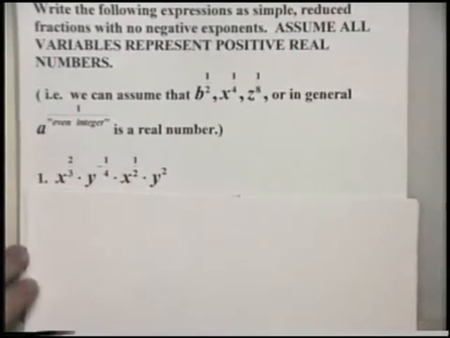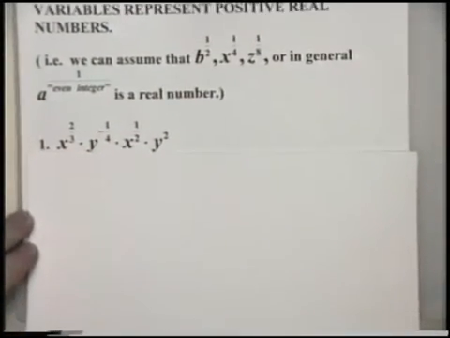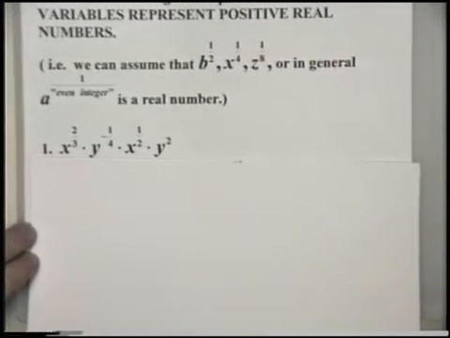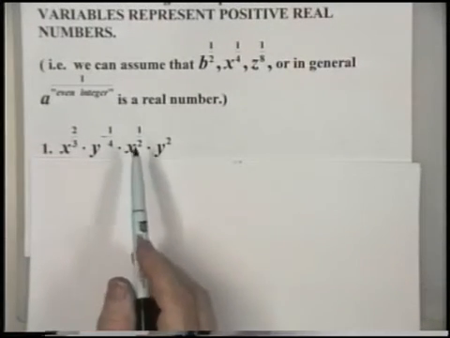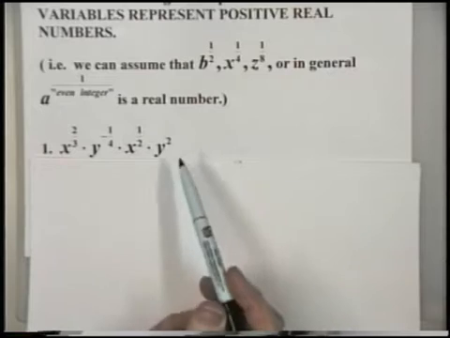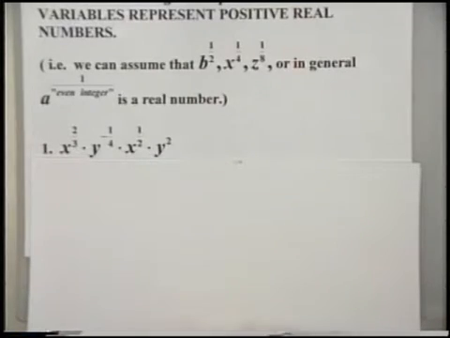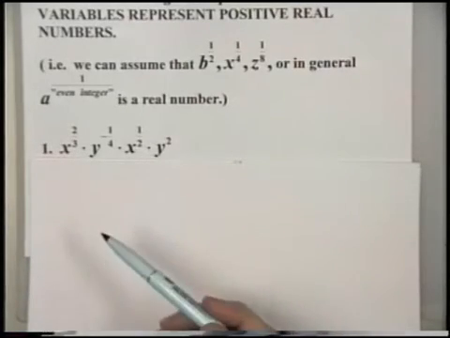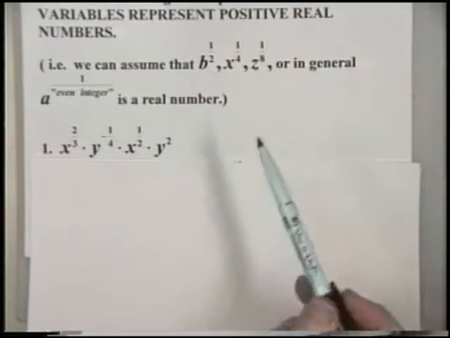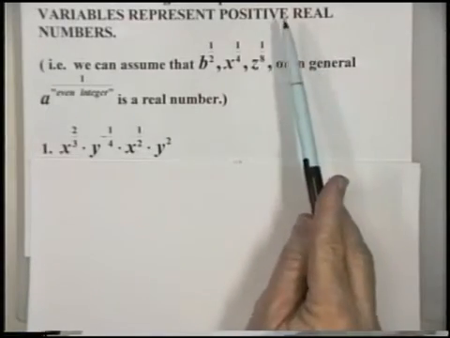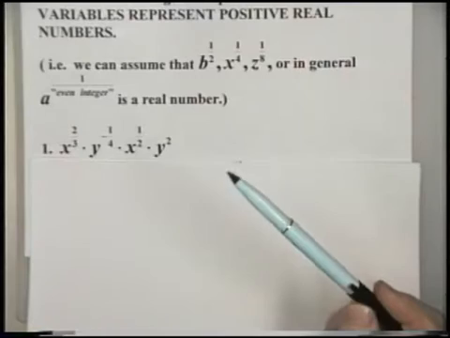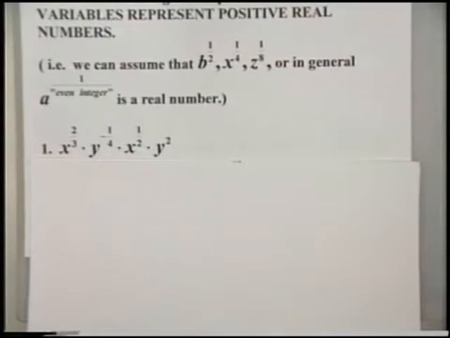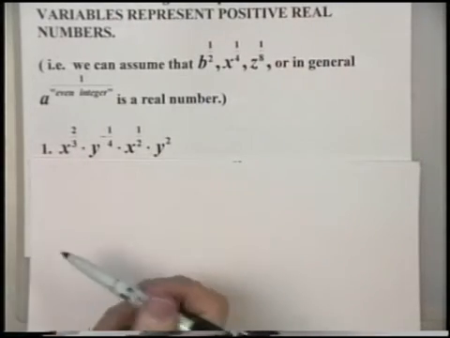So let's look at the first example exercise we've got here. Number 1 says x to the 2/3 times y to the negative 1/4 times x to the 1/2 times y squared. They want us to simplify this to a reduced fraction with no negative exponents.